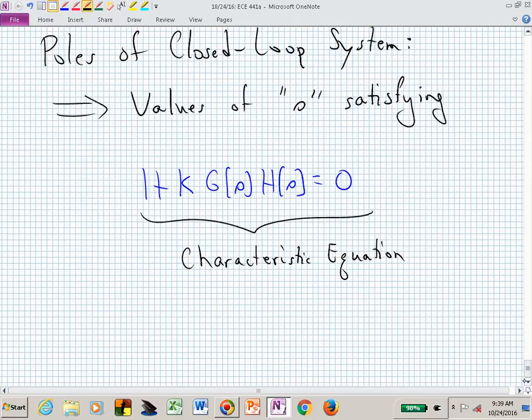When we are sketching root loci, if we don't have this expression in this form, we'll actually create this form so that we can talk in standard terminology.